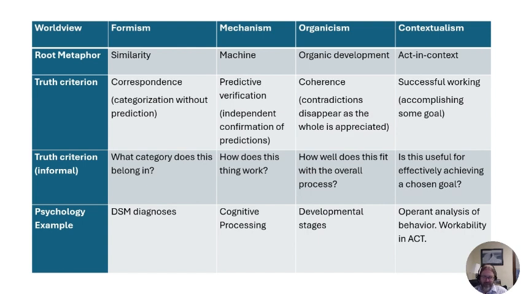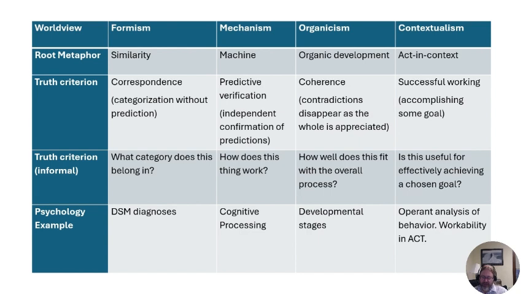Obviously, what that goal is may differ by situation and by the person who holds the goal. But essentially, in contextualism, we've stated some goal and we are measuring whether or not we have accomplished it. So informally, our truth criterion is asking, is this idea, this analysis, what I'm doing, useful for effectively achieving the chosen goal that I have?